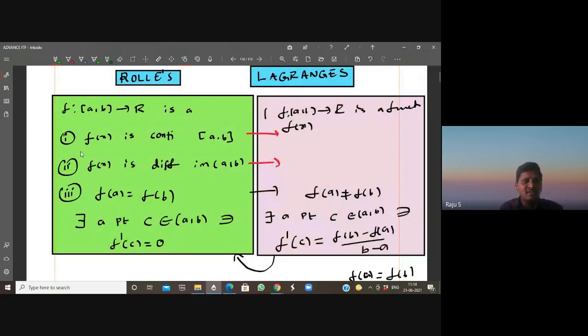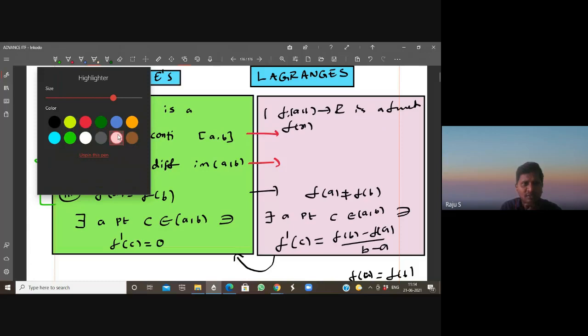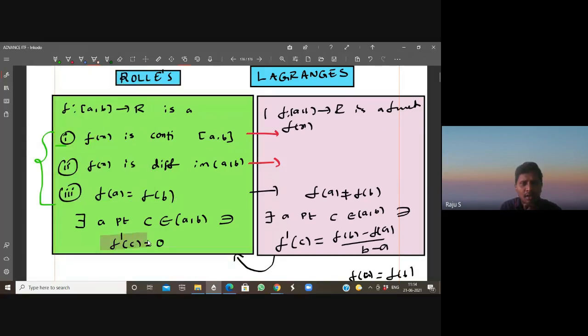So when the function satisfies these three conditions, we can say that Rolle's is satisfied the given condition. Then only you can take this condition. See, student, when the function satisfies the above three conditions, then only you can take f dash of c is equal to 0.